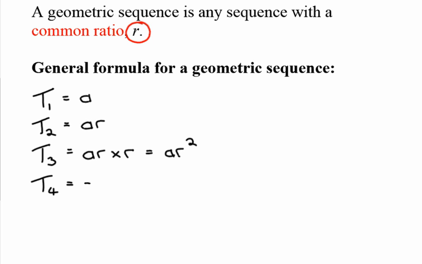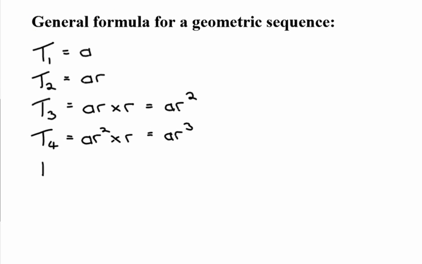Our third term was AR squared. We had to multiply it by R, so we're going to get AR cubed. Can you see the pattern yet? Take a moment to think about it. Okay, so we take our fourth term, AR cubed, we times it by R, and we get AR to the power of 4.